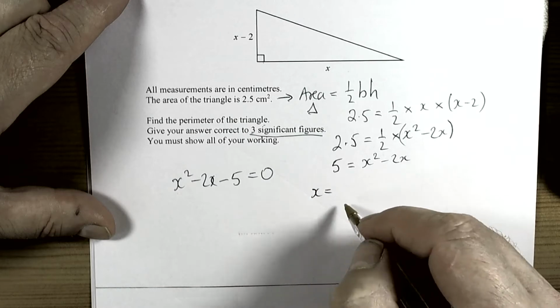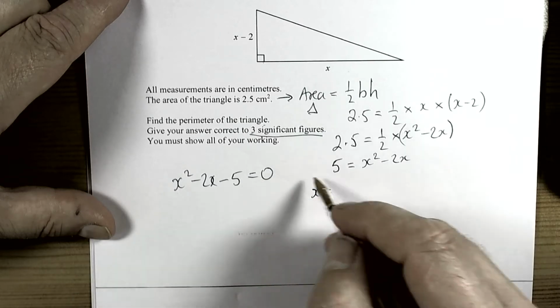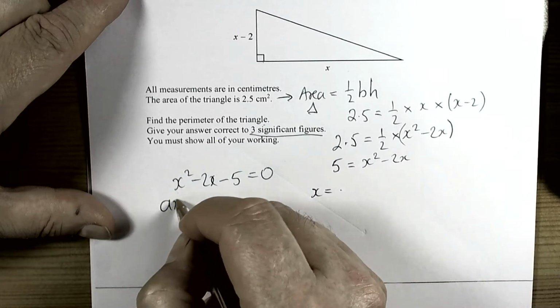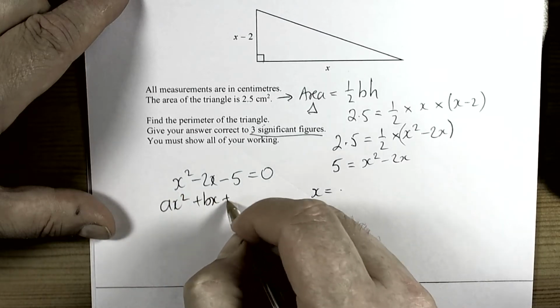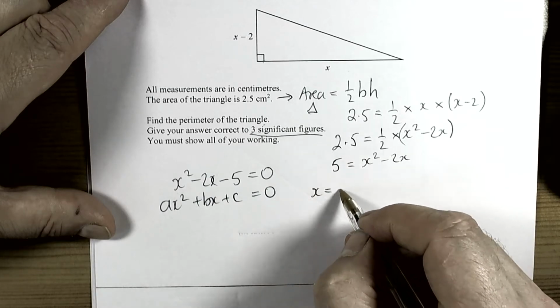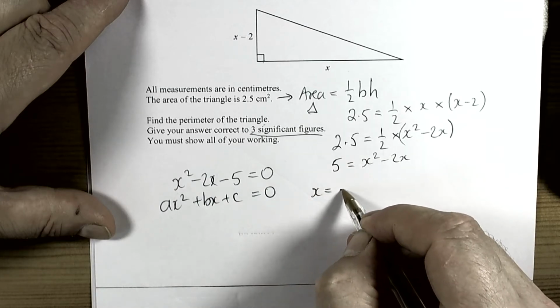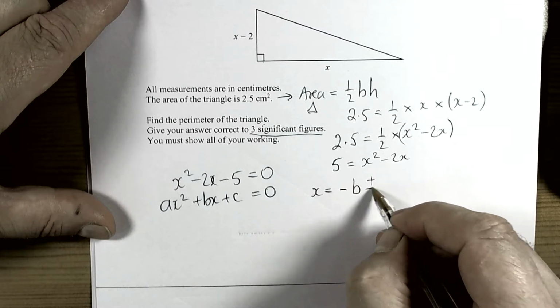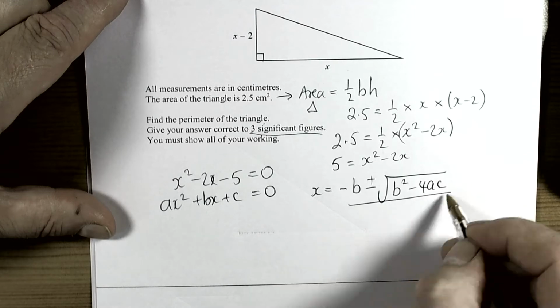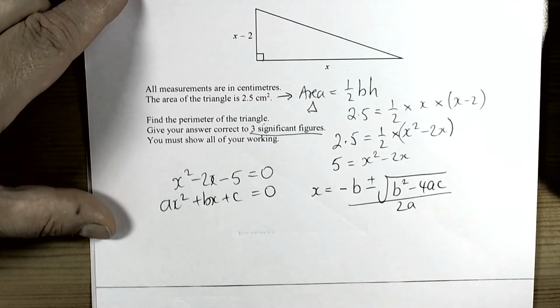So when it's a quadratic equation equal to 0, in the format ax squared plus bx plus c equals 0, then x is equal to negative the b value plus or minus the square root of b squared minus 4ac all over 2a.